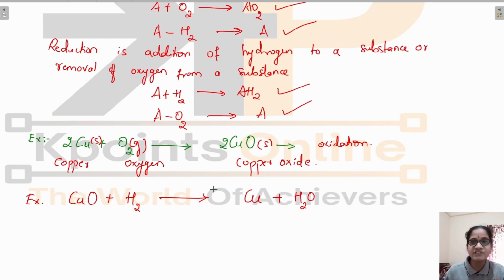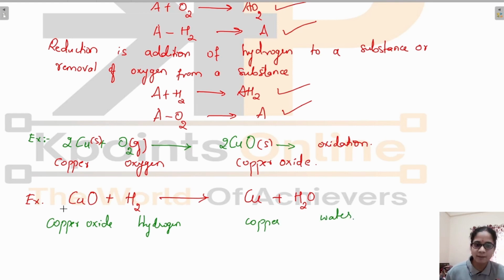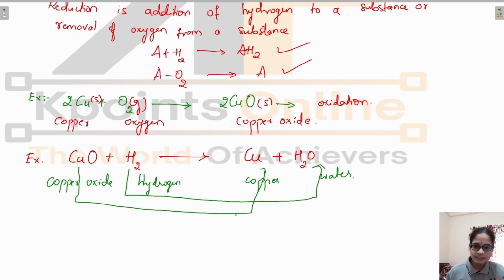This is called a reduction reaction, as there is removal of oxygen, meaning copper oxide has undergone the reduction process. It is copper oxide, hydrogen, and copper is formed again. In this reaction, copper oxide is reduced to copper, but hydrogen is oxidized to water. This is reduction, this is oxidation.